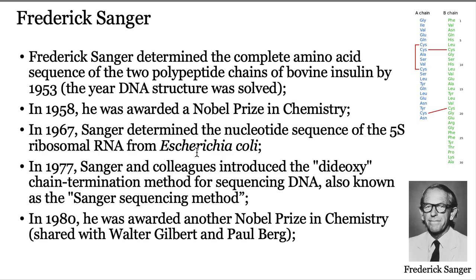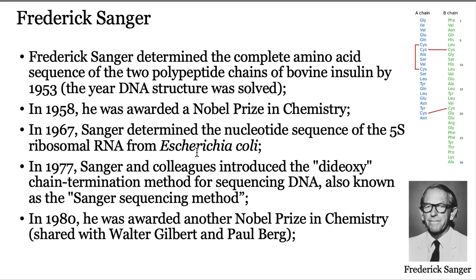Fred Sanger, Sanger sequencing was named after him, and he was the first person to do protein sequencing. In 1953, it was the sequence of bovine insulin. He was awarded a Nobel Prize in 1958, very soon. Then he moved on to work on RNA sequencing.